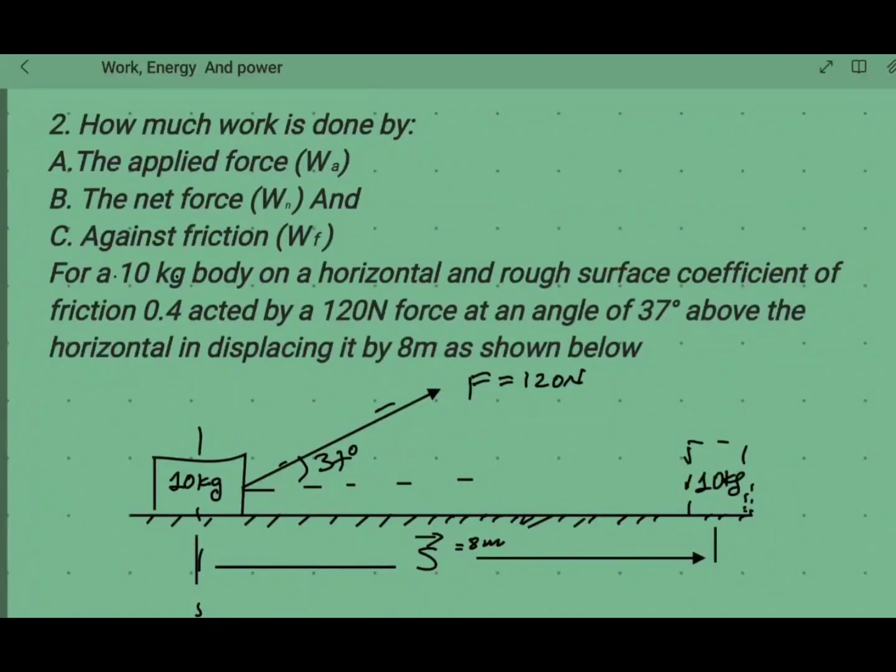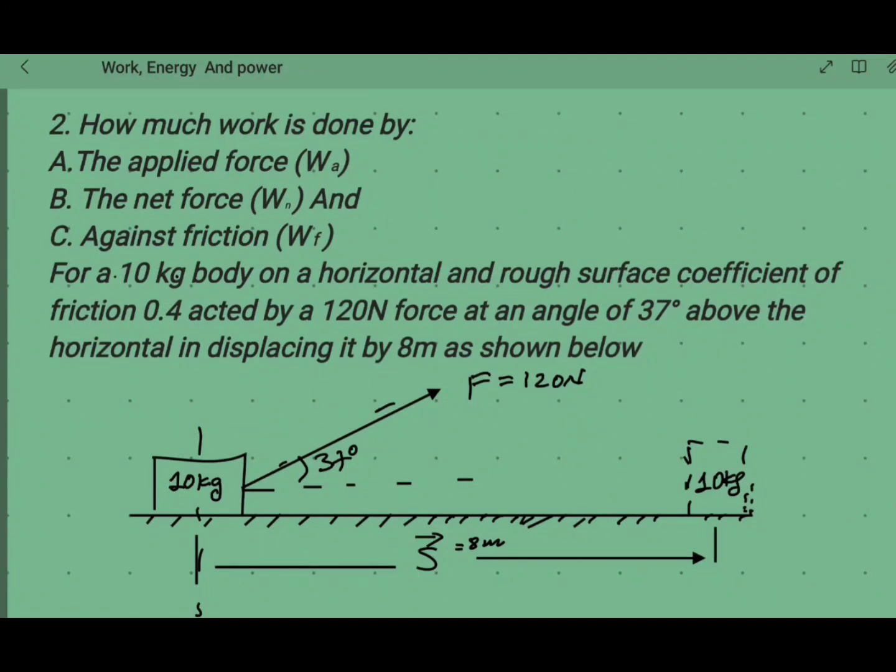Second example: how much work is done by the applied force, the net force, and against friction for a 10 kg body on a horizontal and rough surface, coefficient of friction 0.4, acted on by a 120 Newton force at an angle of 37 degrees above the horizontal, displacing it by 8 meters as shown below.